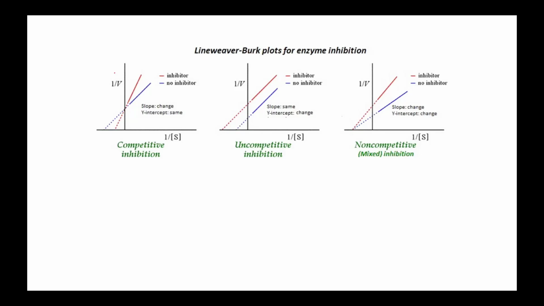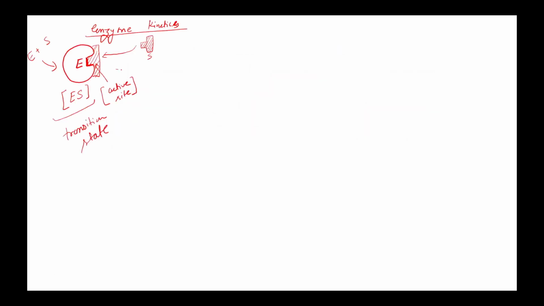After this step the free enzyme is released, and the substrate is converted to a product with a different structure, and at the end of the reaction we get our free enzyme back.